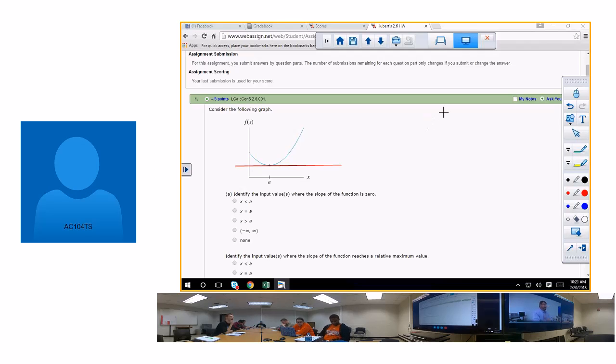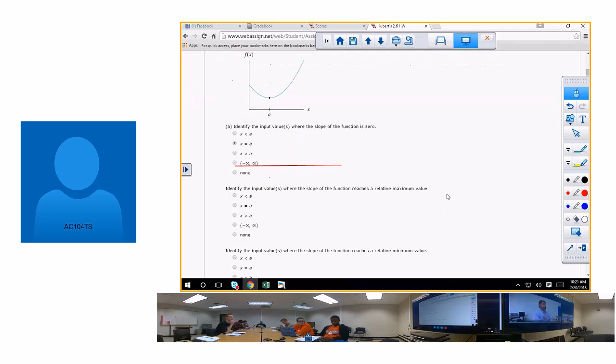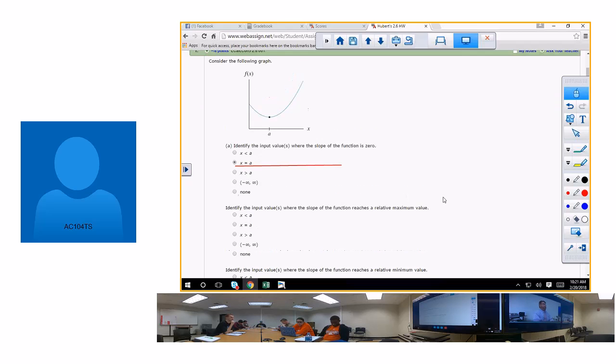Okay? Identify the input value where the slope of the function is 0. Do y'all see why x is equal to a? That's the answer.